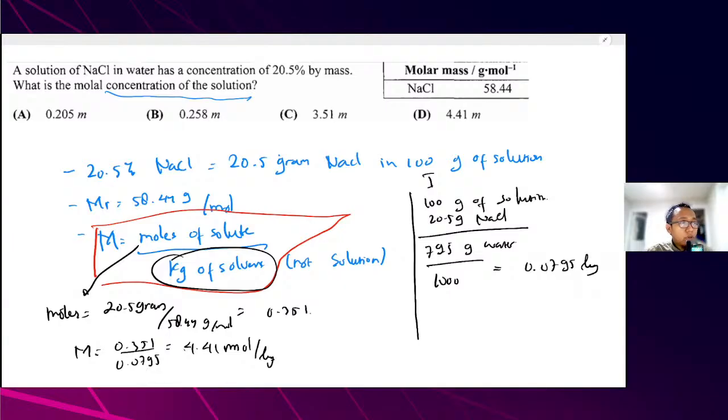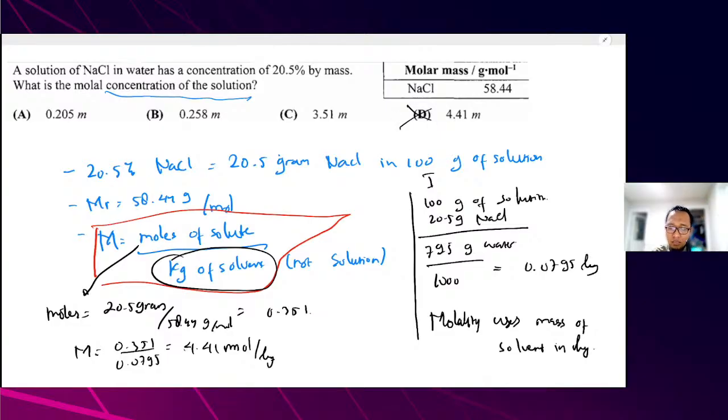Just a quick tip: molality uses mass of solvent in kilogram. So just remember this equation.